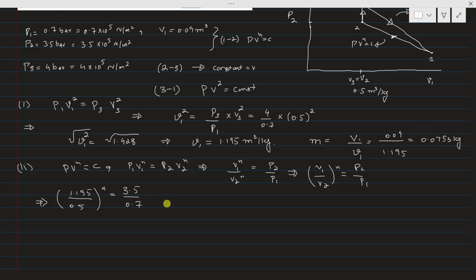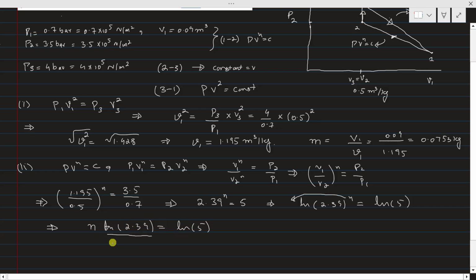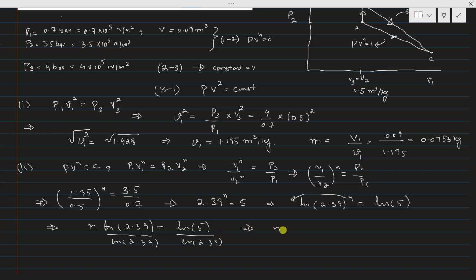After simplification you will get 2.39 to the power n equals 5, so n is 1.847. This is our second part.